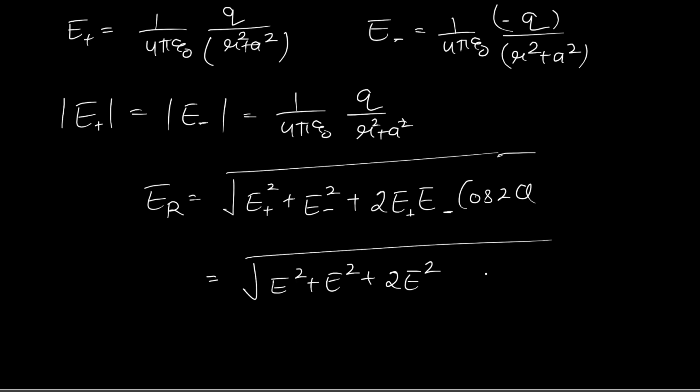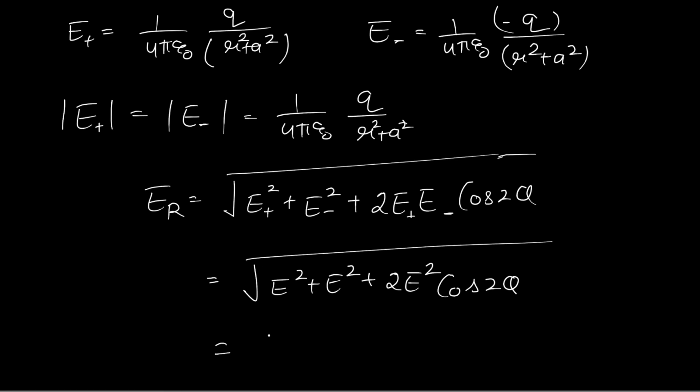Dealing with this one, first take it as cos 2 theta only, and then it is better to take out 2E square common, then 1 plus cos 2 theta.